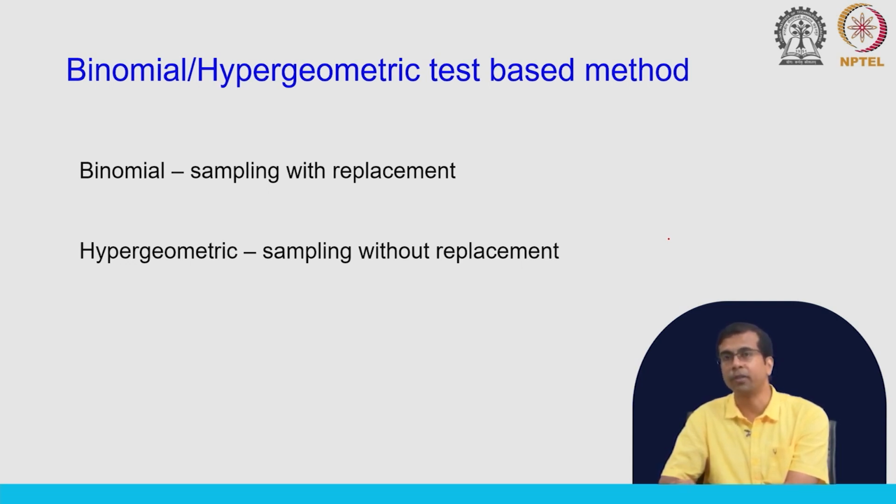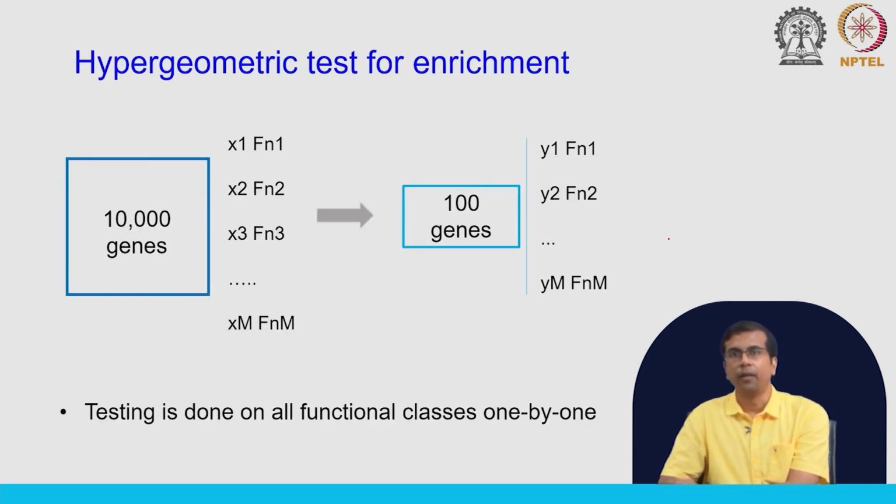So, we should use the hypergeometric test, and this is the most appropriate out of these two. But some of the tools still use binomial test, and this is an approximation of the hypergeometric scenario.